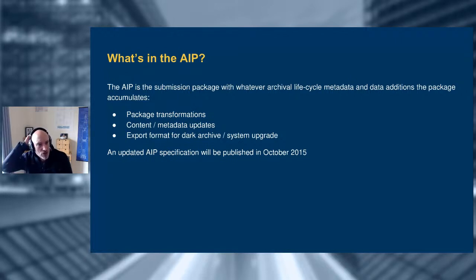So the new version is compatible with the CSIP standard, and what it layers on top is basic archival information you would expect an archival system to add to an information package over time.